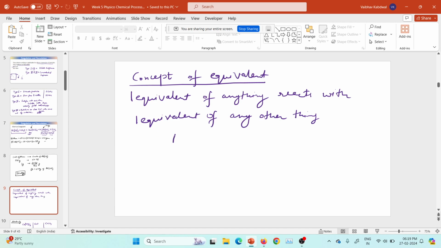So basically, we have read this statement N1V1 equals N2V2. If you solve it, you will understand it is nothing but equivalent.